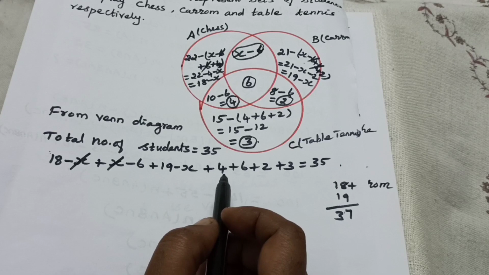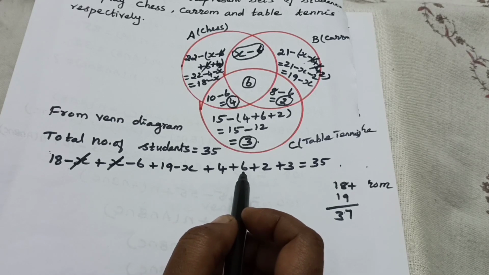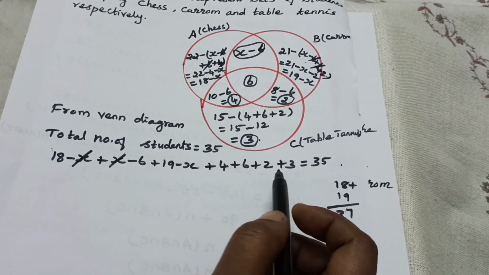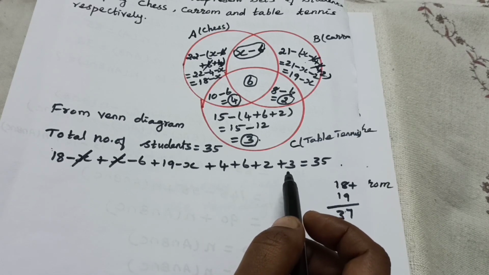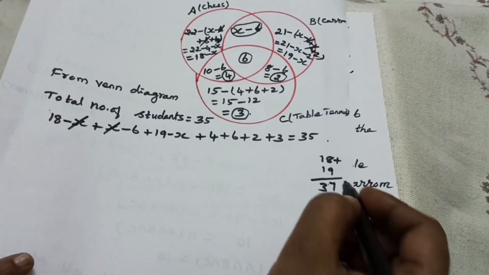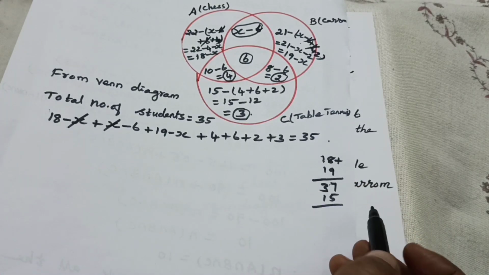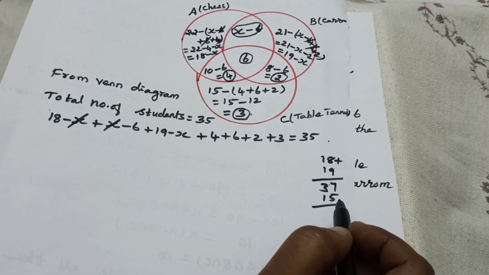And afterwards, 4 plus 6 is 10, 10 plus 2 is 12, 12 plus 3 is 15, isn't it? Then we have to add this 15.